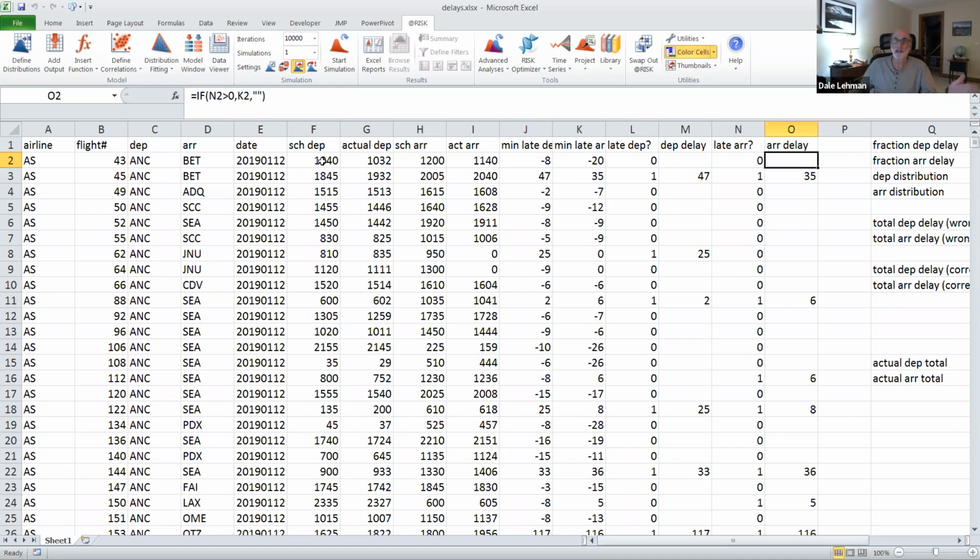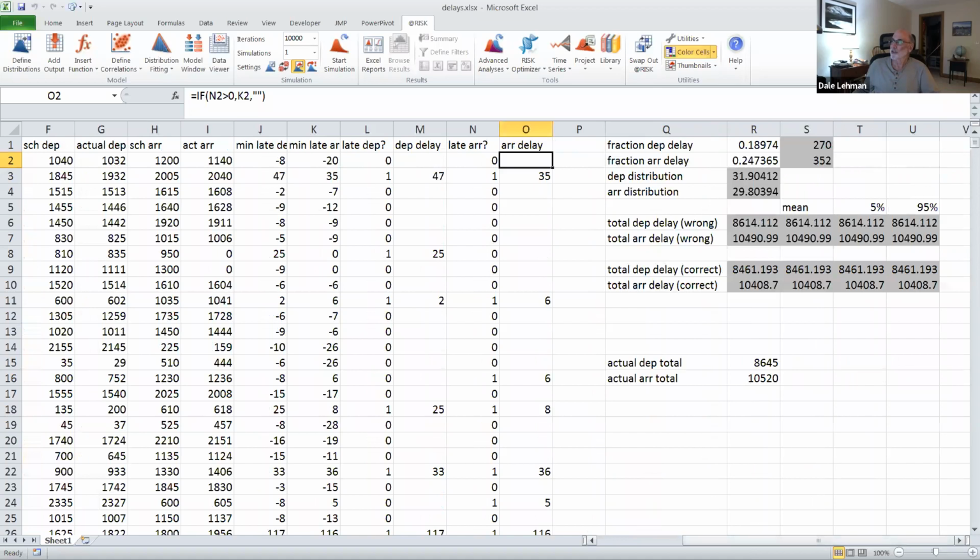The airlines would be concerned about the total minutes of delay because it costs them real dollars in many different ways. So there's a lot of potential uses of trying to model the total minutes of delay that occur each month. And you might want to compare it for different airlines. But right now, I just want to get a model that models the total number of minutes of delays.